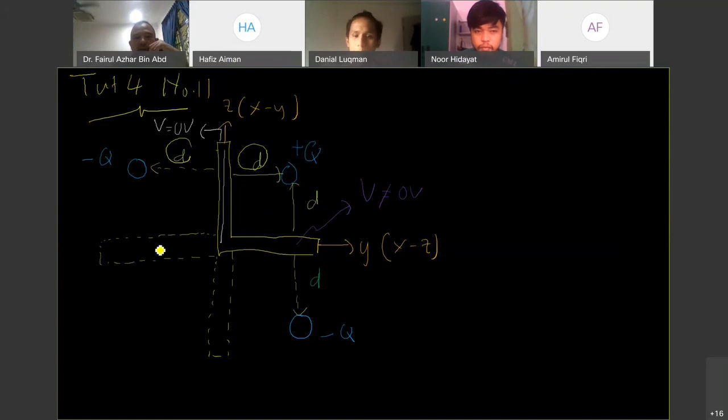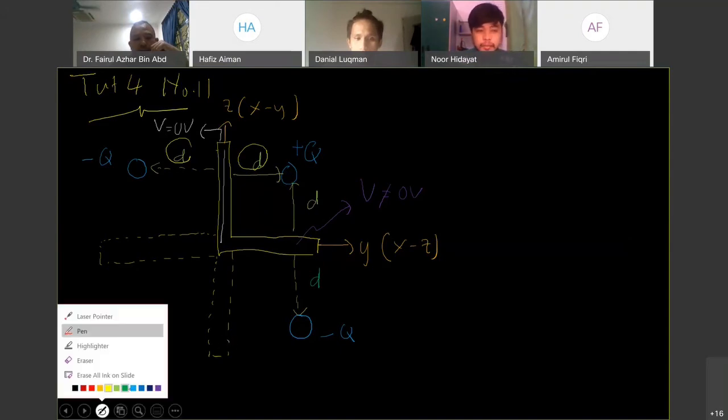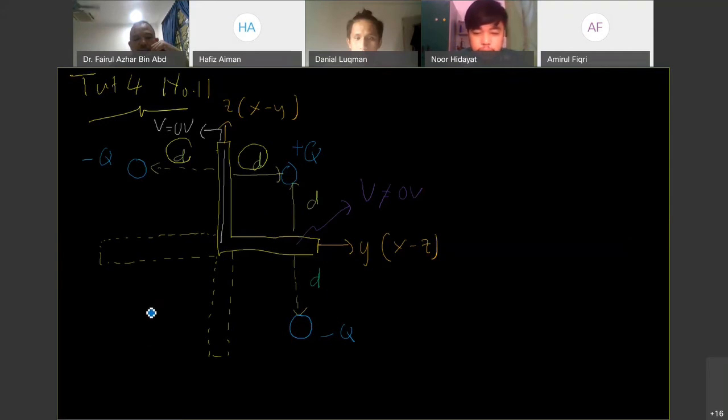Then, in order to make this plane zero potential, we need another image charge here.